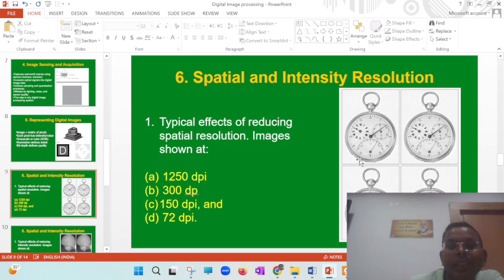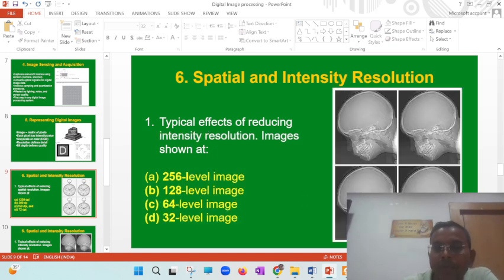That represents the DPI. So 1250 DPI means in 1 inch there will be 1250 dots, 1250 pixels. It is highly dense, and in 300 dpi there is a smaller number of pixels in 1 inch. When we reduce the dpi, spatial resolution decreases and picture quality diminishes. Here you can see the last one is the worst quality image.